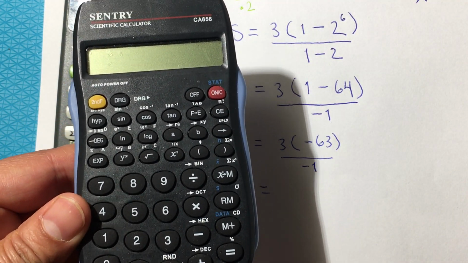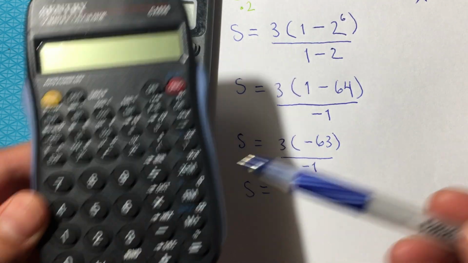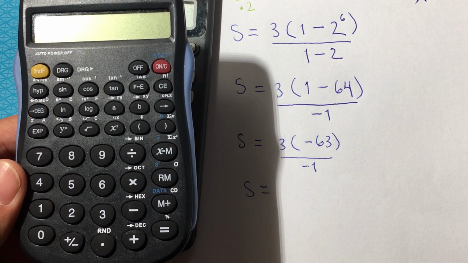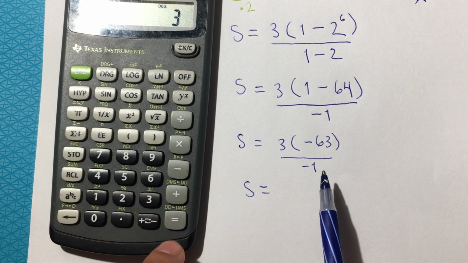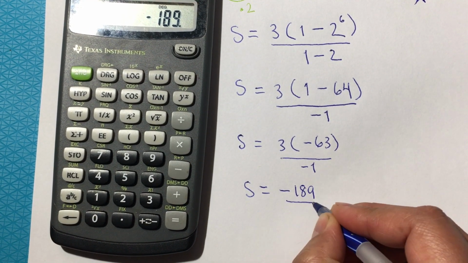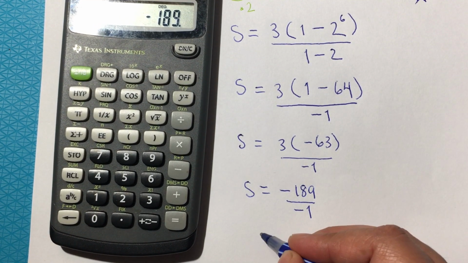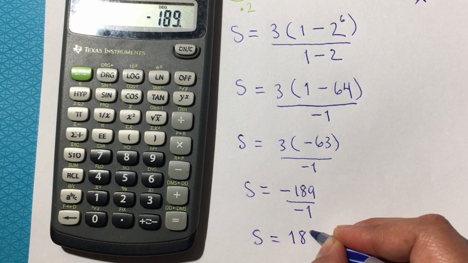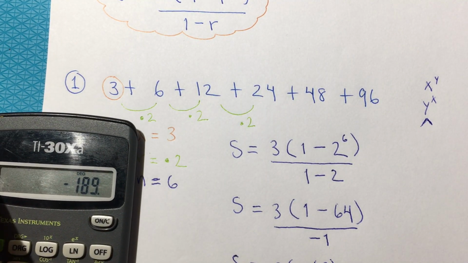Sometimes you press the plus minus first and then the number, but in some calculators like this one, you press the number first and then the positive negative to change its sign. So -63 times 3 equals -189, divided by -1. Negative divided by negative is positive, and 189 divided by 1 is 189. So that's the sum of this geometric series.